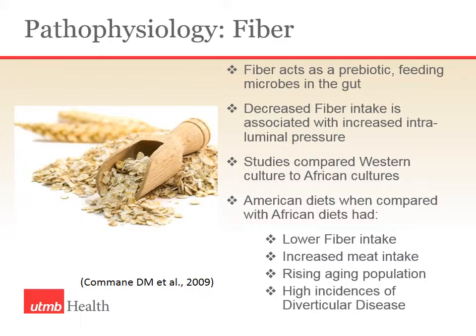However, it's been debated because the African cultures don't live long enough sometimes to determine whether it would actually occur, and they're also more likely to have just less calories in general. However, they are more likely to have more fiber intake. But they are also more micronutrient deficient.